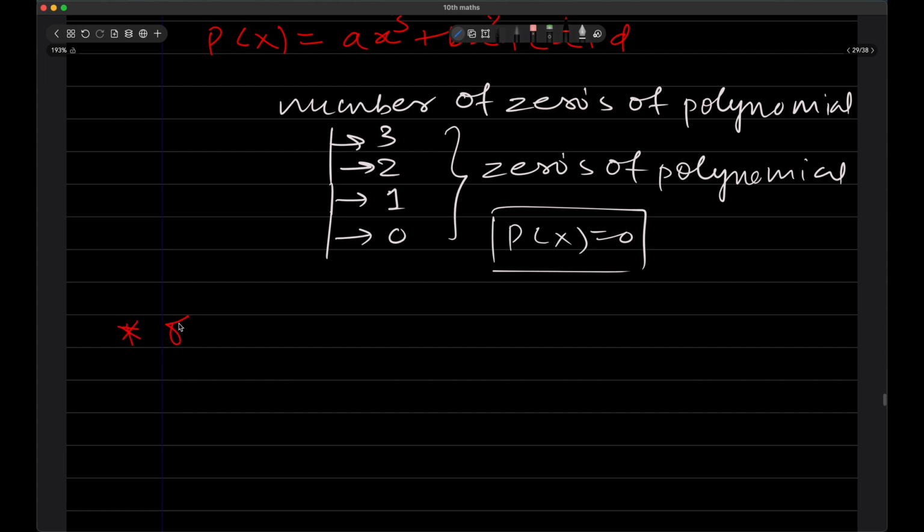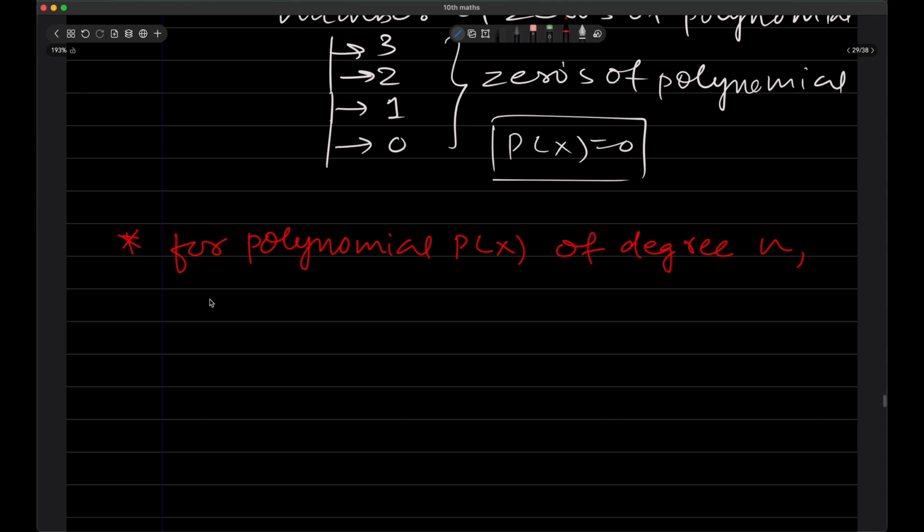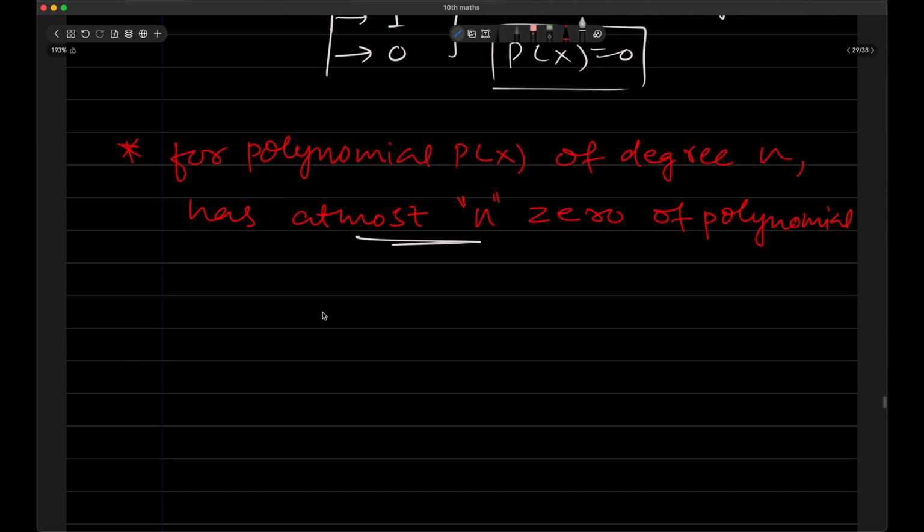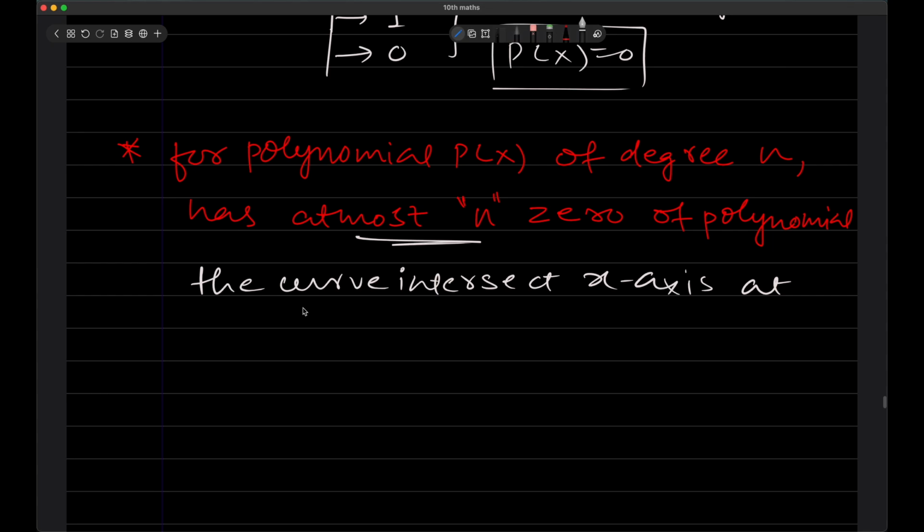So for a polynomial p of x of degree n, it has at most n zeros, and because of that, the curve intersects the x-axis at most n points.